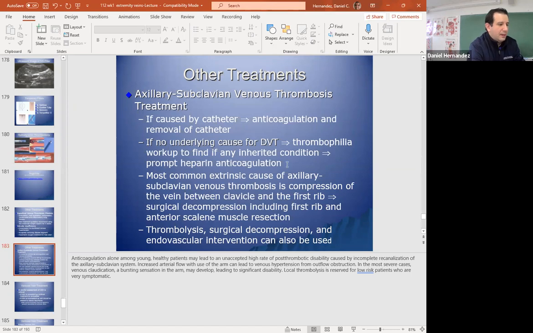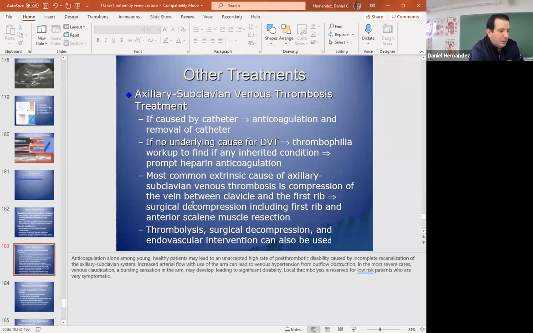If there's no underlying cause for axillary subclavian vein thrombosis, we have to consider things like clotting disorders like thrombophilia. The patient will have a genetic workup. Maybe they have heparin-induced thrombocytopenia, perhaps factor V Leiden, one of the inherited clotting disorders.